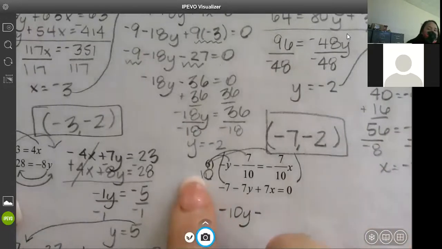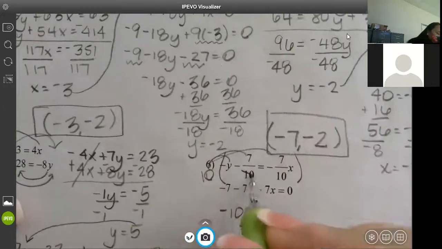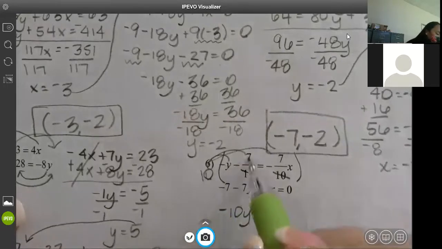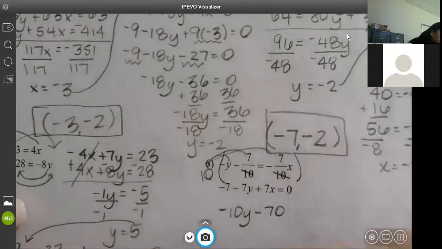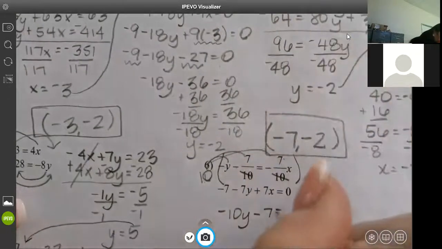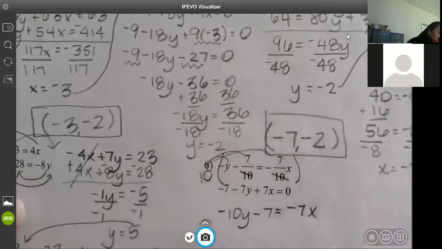If you put it in your calculator, again, the only thing that it's going to do is get rid of that denominator. If it's the same denominator, it's just going to get rid of it. So 10 times negative 7 is negative 70. And same thing here, 10 times negative 7, divided by 10 is 7, and equals negative 7x.